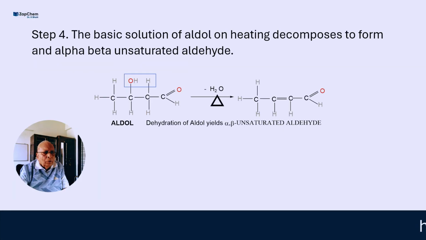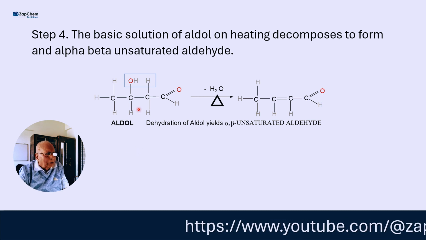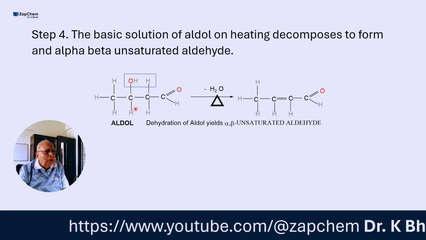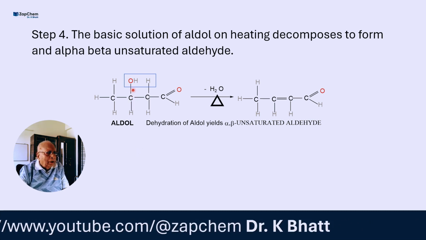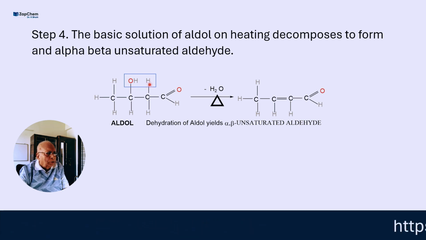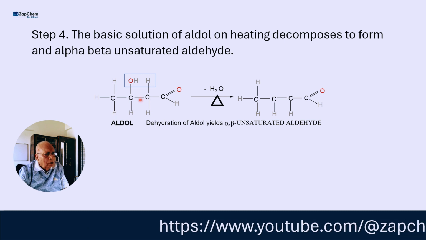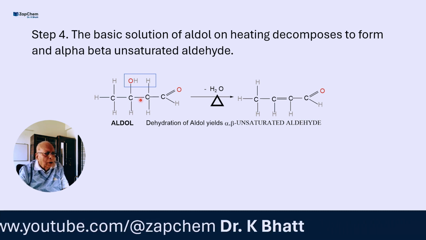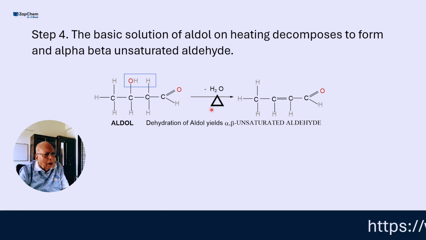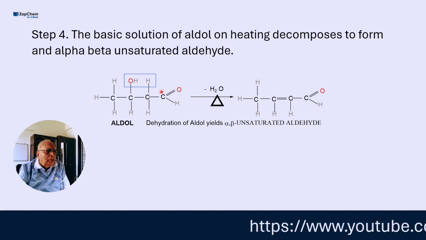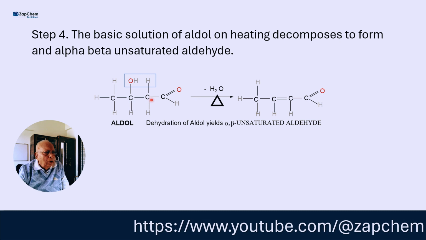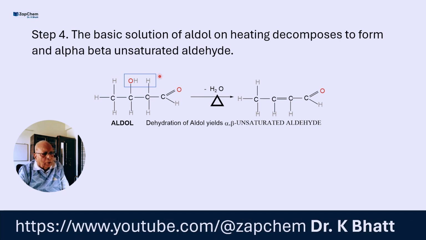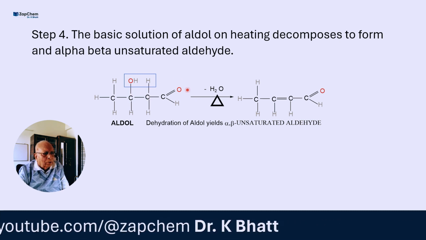Now, what happens further? When aldol is treated further, simply by heating, since the H and the OH exist on two adjacent carbon atoms, simple heating or a little acidic medium tends to remove this water. It makes it anhydrous, minus H2O.